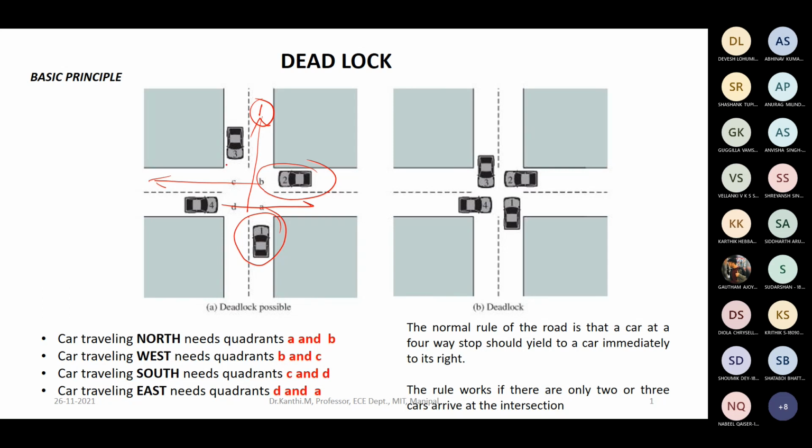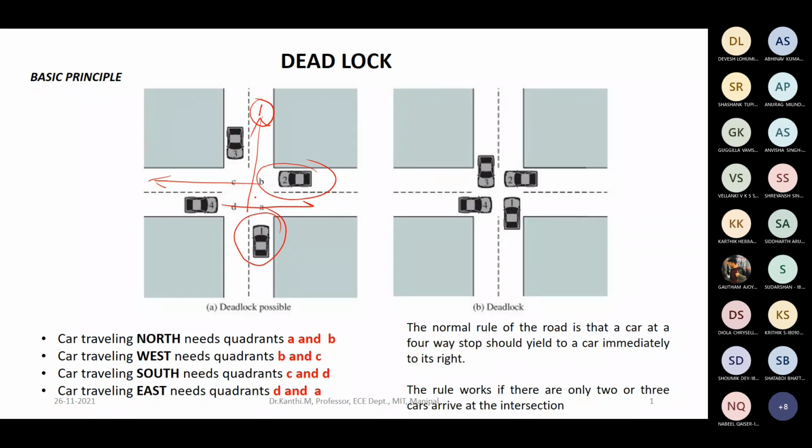Or else suppose 1 and 3: you make 1 stop and 3 move, then you make 1 move. These are the different combinations through which we can avail the resources. The resource is the junction or the road.